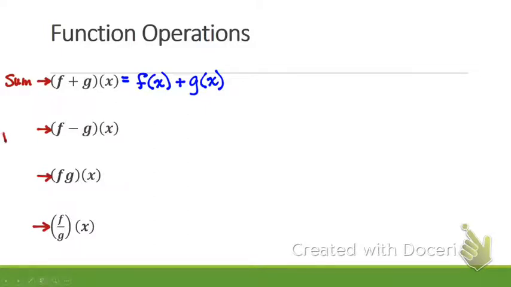We can find the difference of 2 functions, and this we actually just did. That problem with the parabola and the line, with that green shaded region, we found the difference of those 2 functions. We took one function and we subtracted the other function.